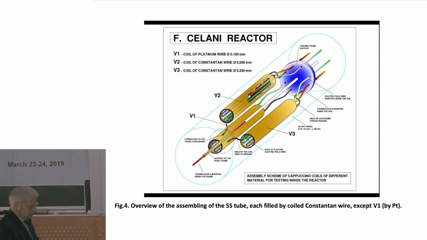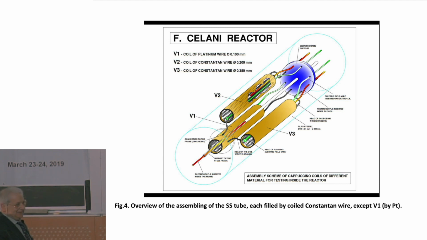This is a sketch of the system: glass tube, thick, three rockets, V1, V2, V3. V1 because 100 micron is cracking, V2 200 micron, V3 300 micron.